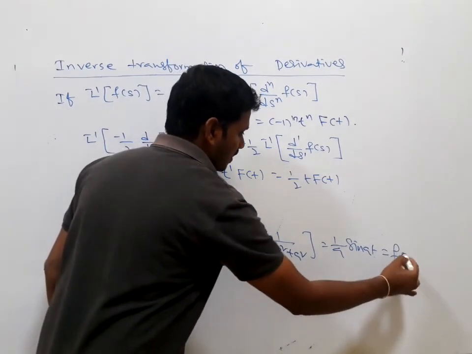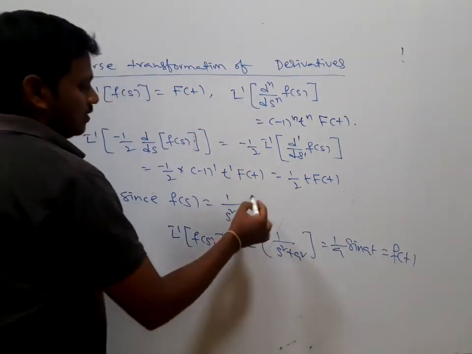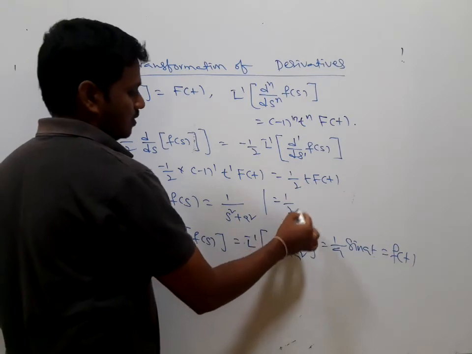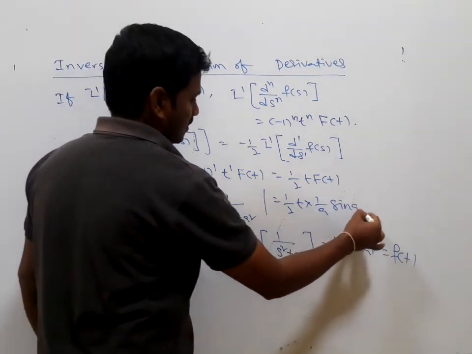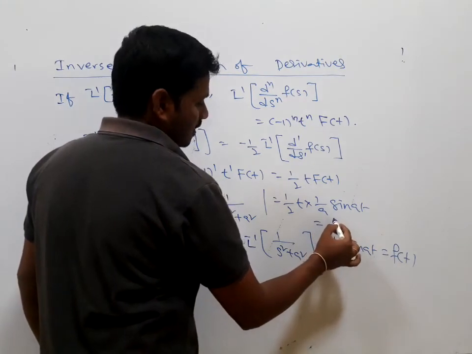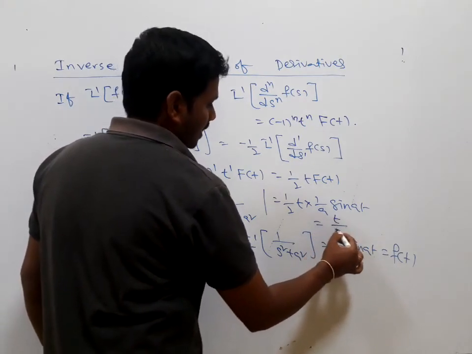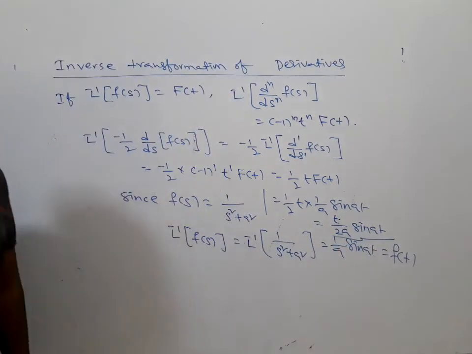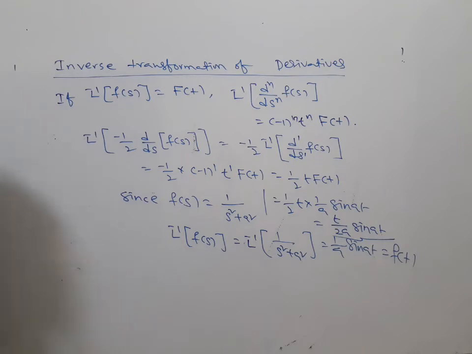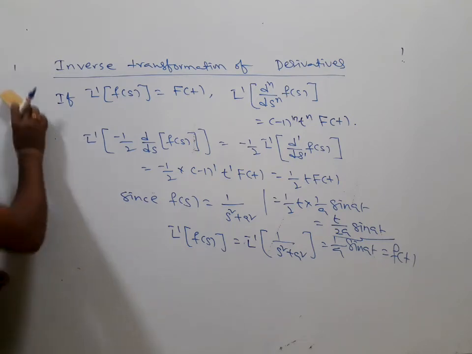This is your f of t. So finally we have 1 by 2 t into 1 by a sin at. This is the same as t divided by 2a sin at, right? Is it clear? Okay, by using this one we can evaluate s divided by (s square plus a square) whole square.